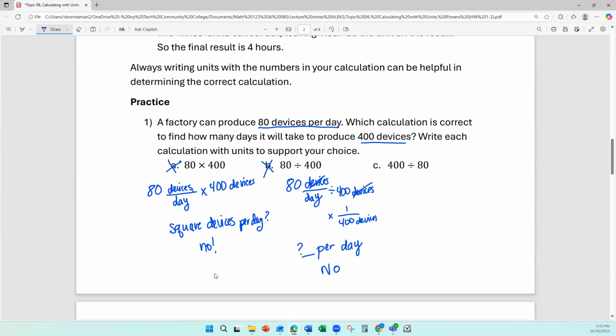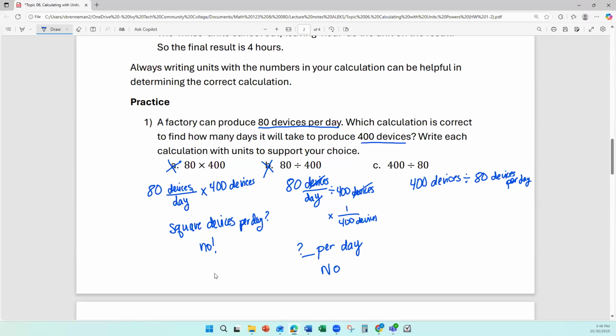Here, 400 divided by 80 would be the 400 devices divided by 80 devices per day. And when you divide by a per something, it flips it around.